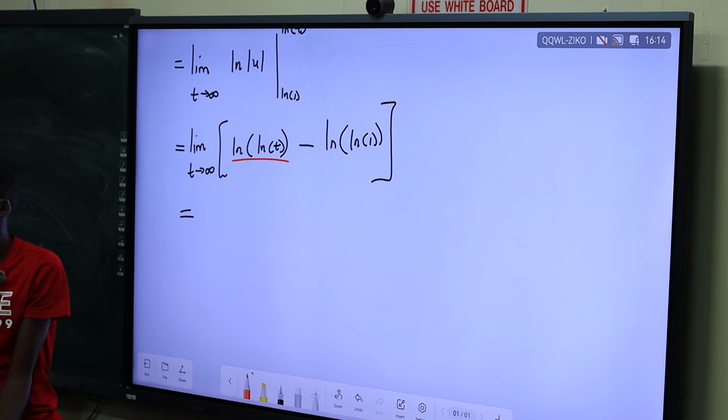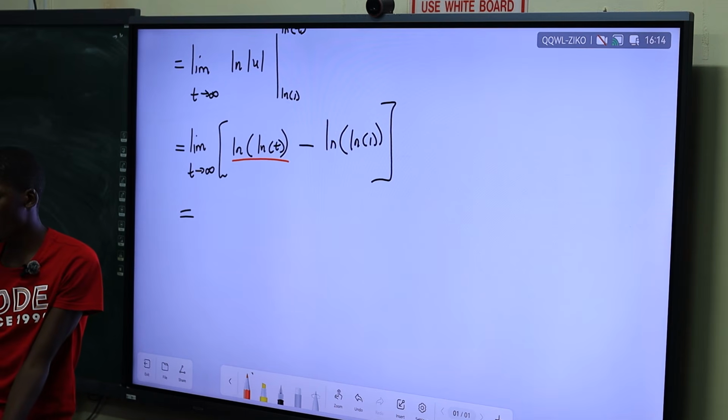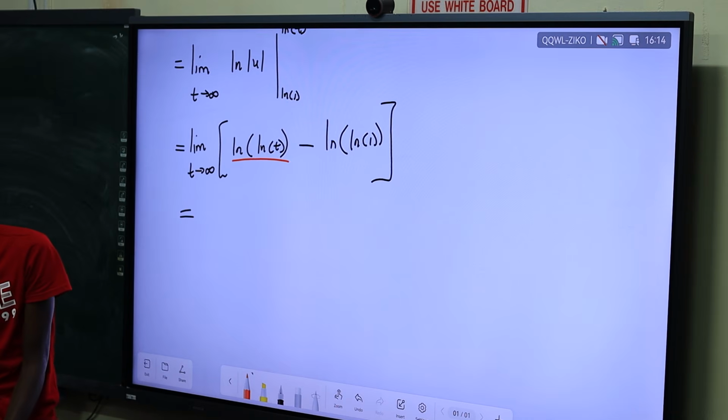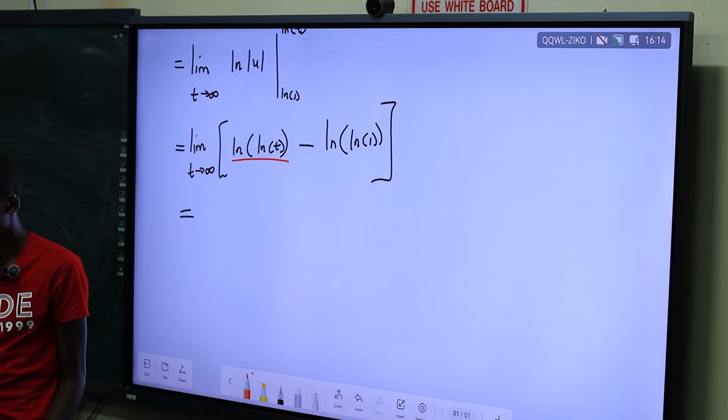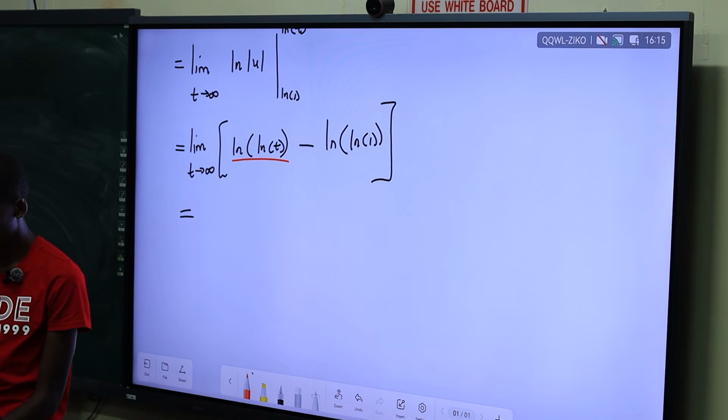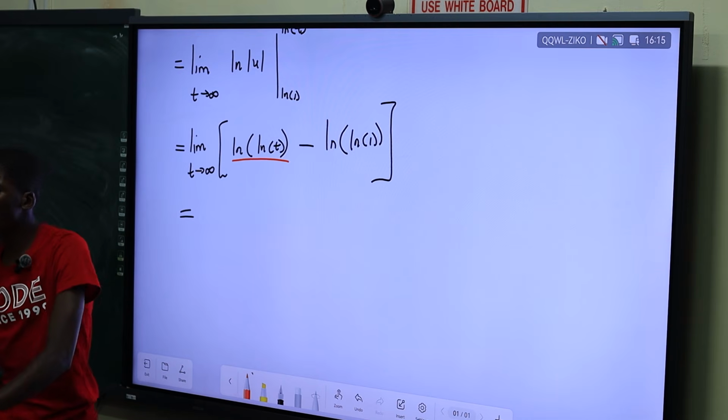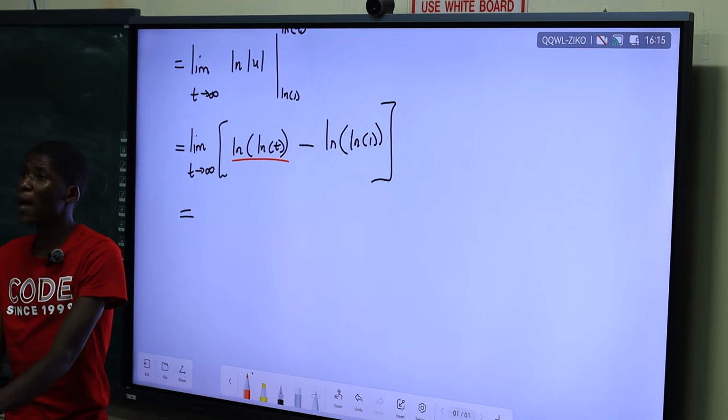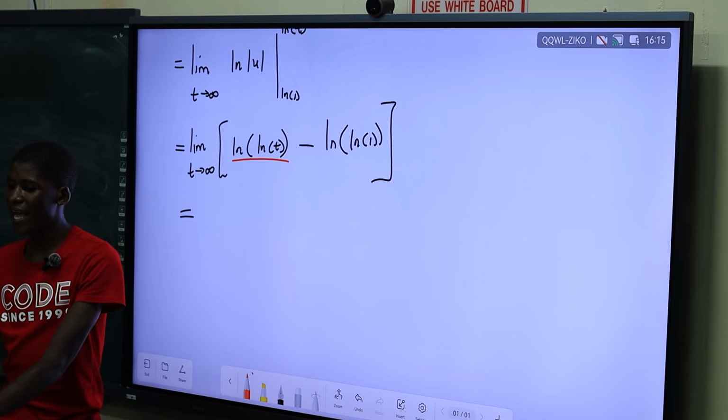Let me show you the ln function now. Yeah, it's a natural log. So here it's an ln function composed into another ln function. You won't have time to plot these things, I know. But you must know some things, they are basic and elementary.